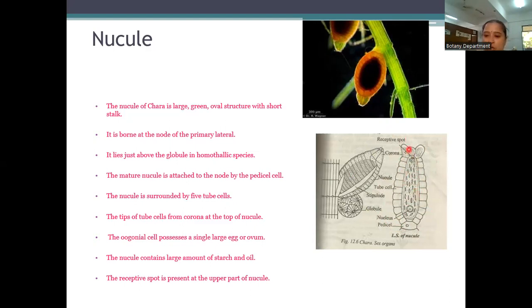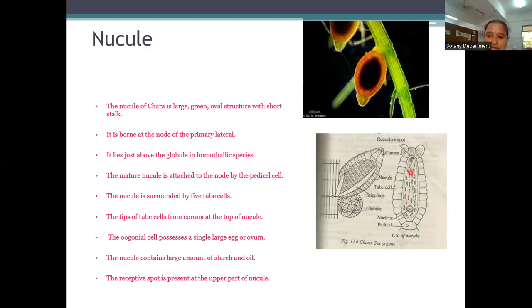Here you can observe the 5 sheath cells present, encircling the oogonium. These cells, by transverse division, give rise to 5 upper corona cells. See here, 1, 2, 3, and on the backside 2 are there. Total, how many corona cells are there? Cone-like cells, that's why the name is corona cells.